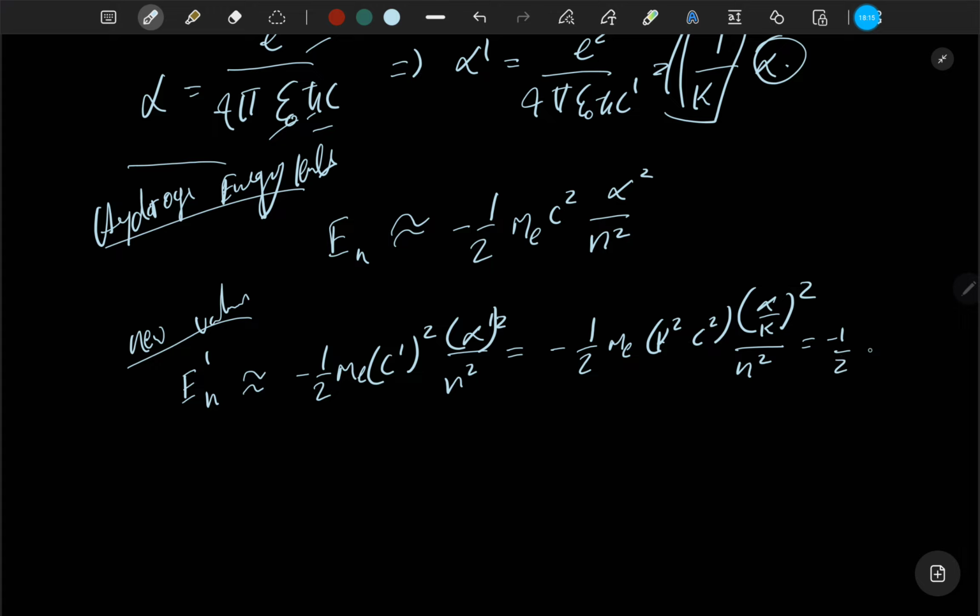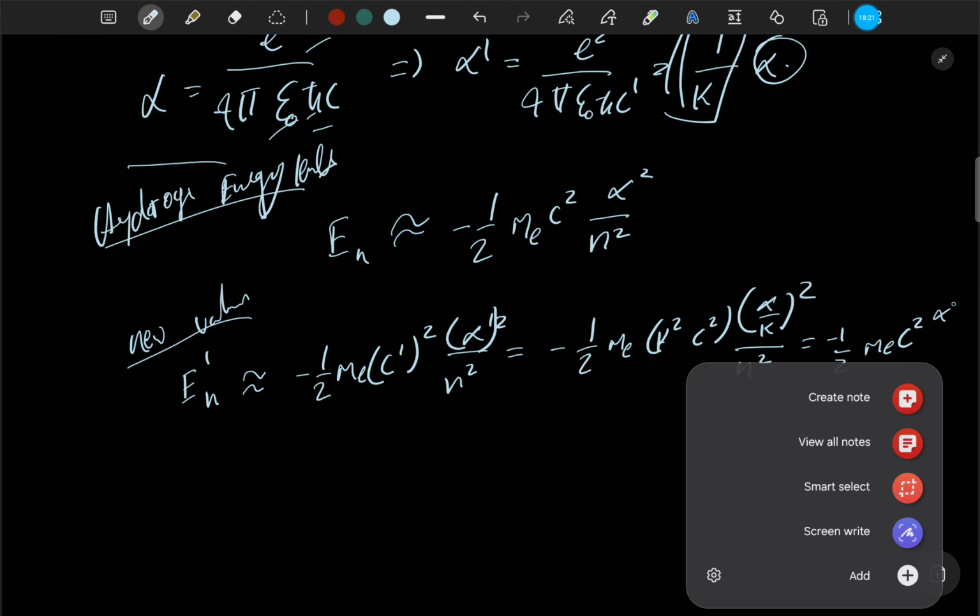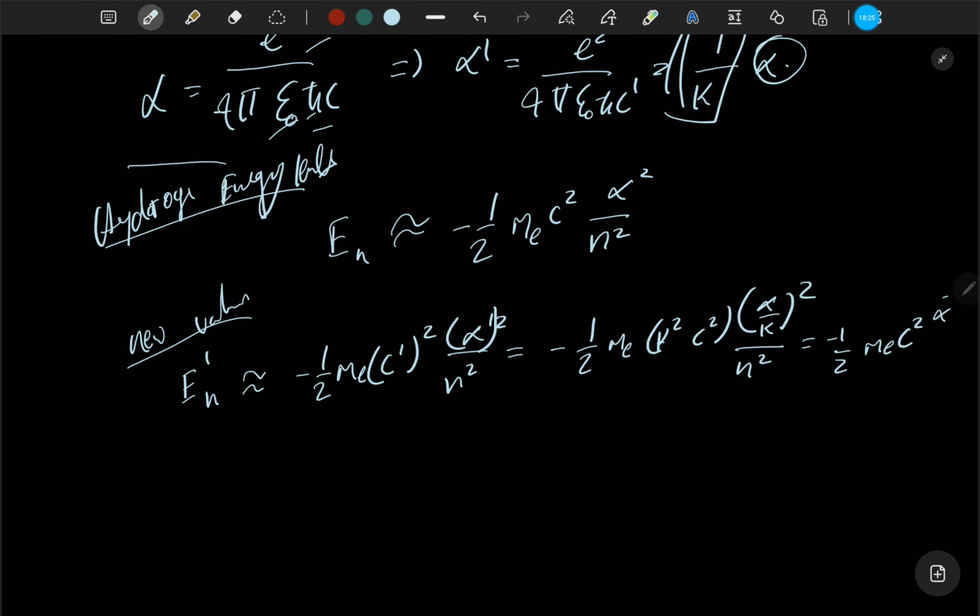which is minus 1 by 2 m e c squared alpha squared by n squared, right? So this is interesting.